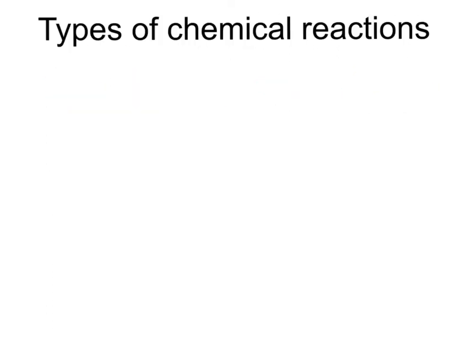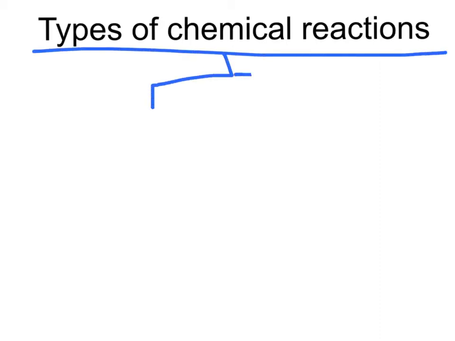Okay, so now we're going to talk about types of chemical reactions. When we talk about types of chemical reactions, this will actually break down into 2 different branches here. The one is non-redox, and the other side is redox.